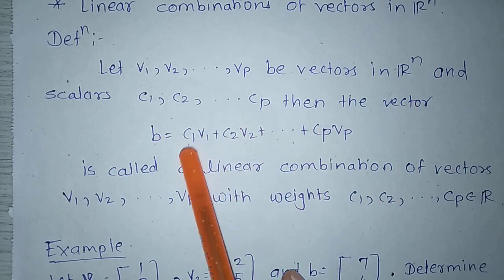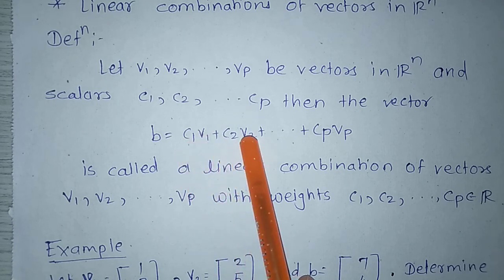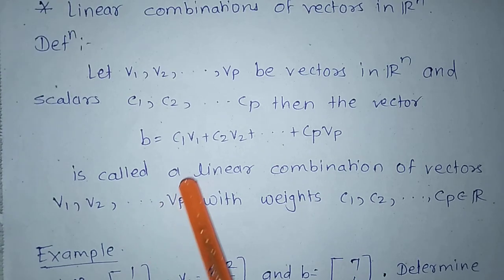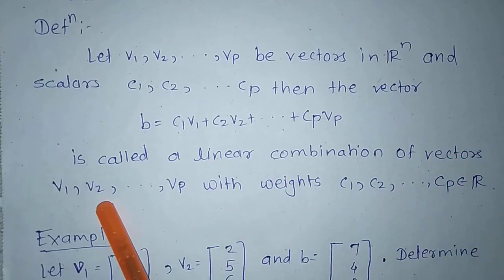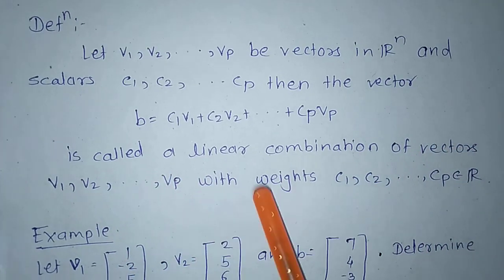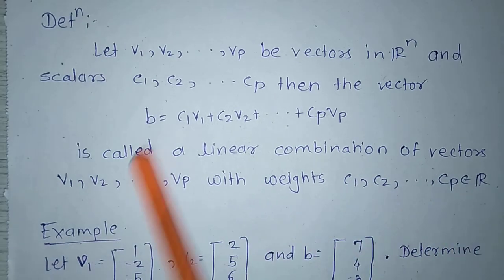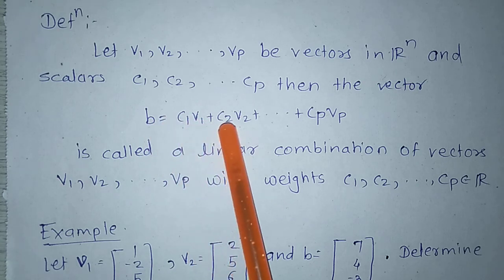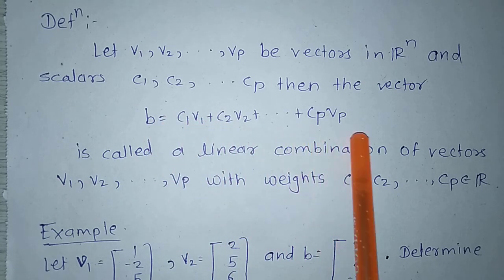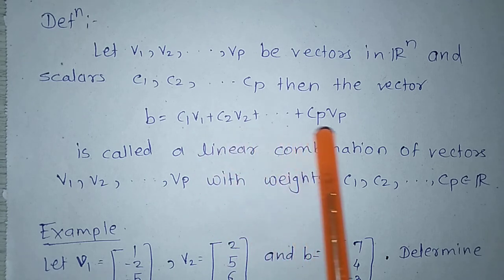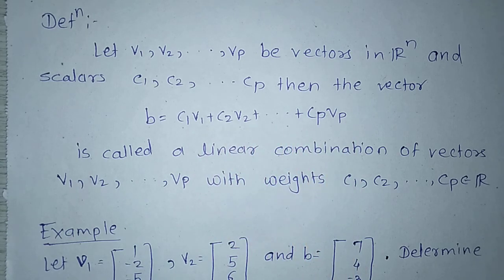Then the vector b equal to c1 v1 plus c2 v2 plus and so on plus cp vp is called a linear combination of vectors v1, v2 and so on vp with weights c1, c2 and so on cp belongs to R. Means b is the linear combination of vectors v1, v2 and so on vp. When c1, c2 and so on cp exist, then we can say that b is a linear combination of vectors v1, v2 and so on vp.